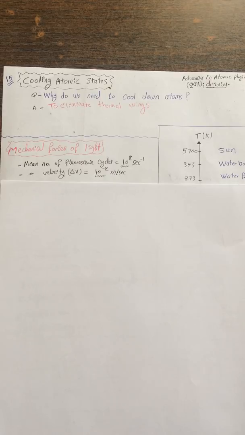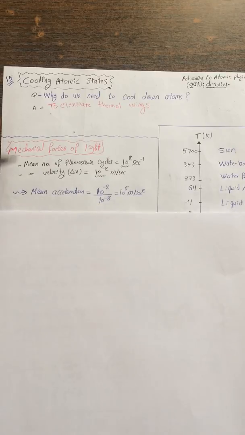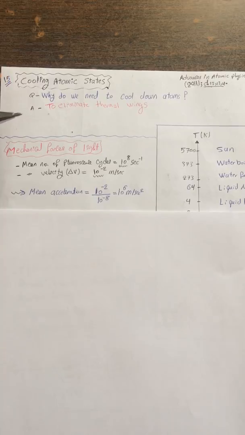So the mean velocity of atoms and the delta v, the difference in velocity, can be seen like this, which is about 1 over 100th meter per second. It means that if I would like to calculate the mean acceleration, I just divide the velocity by time.